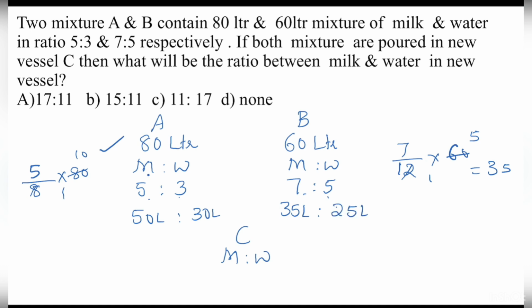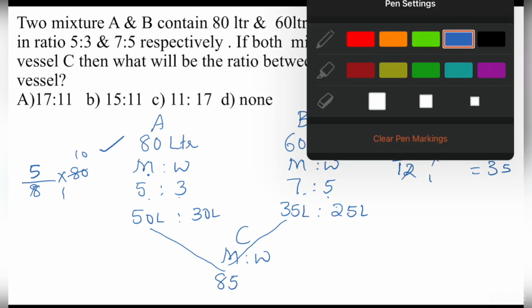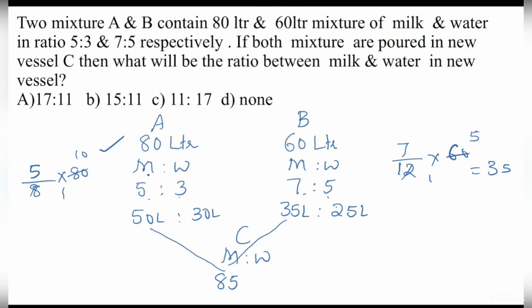Now if both are poured, they are saying, so 50 also is poured here, 35 also is poured here, then how much will it be here? 50 plus 35 is 85, isn't it? Then if this water is also poured here, 30 plus 25 will be how much? 55. Okay.